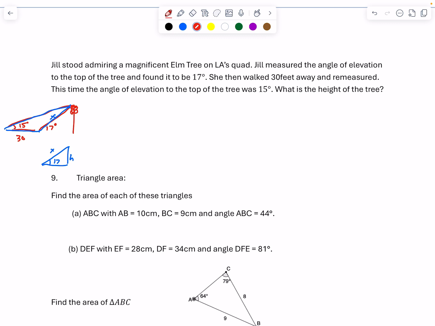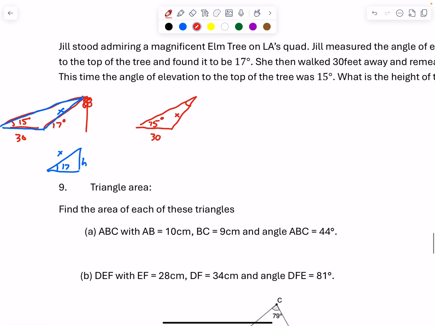Okay, so let me just draw this triangle out here. Yes, I need the angle. Let's see, I've got the angle across from the 15. I need the angle across from the 30. How do I find that? Well, let me make this really large for a second.